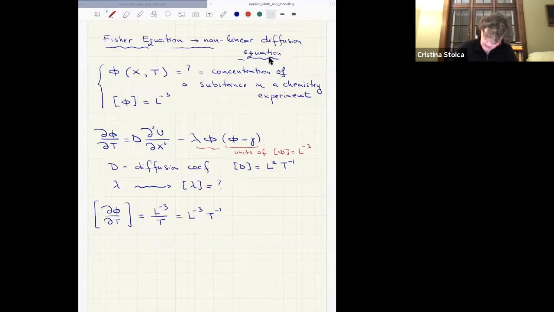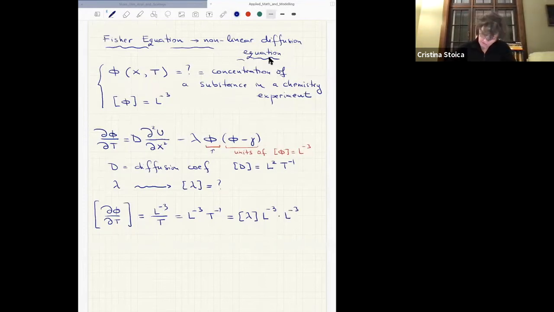And then this thing, whatever it is, we know what phi is again. So this has to coincide with the units of lambda, which we're looking for, times the units of phi, which would be L to the minus 3, and then another L to the minus 3 from the bracket.